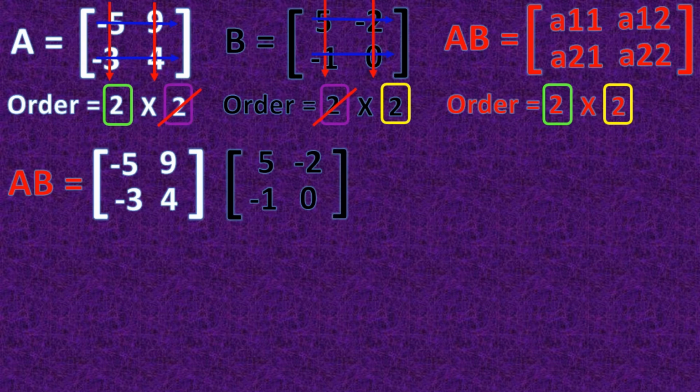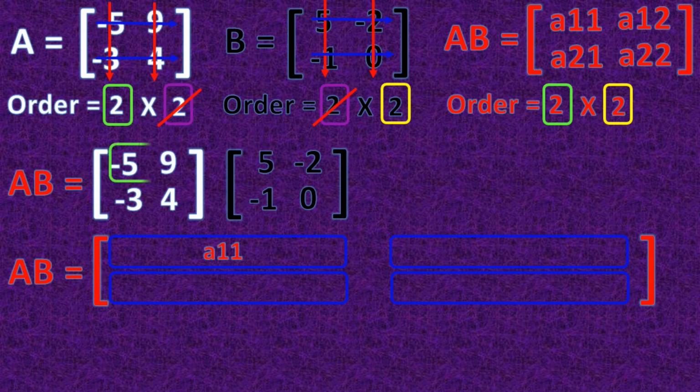Now students, we are going to multiply. For multiplication, arrange the elements in 2 by 2 order, meaning 2 rows and 2 columns should be arranged for the elements. Now the first element will be of the style 11, means first row, first column.